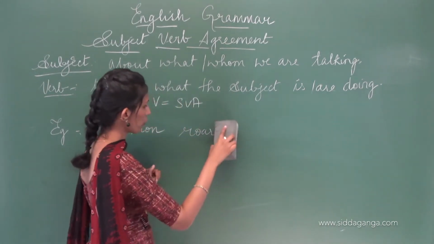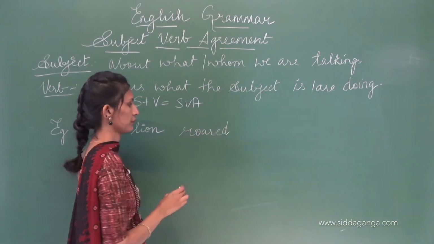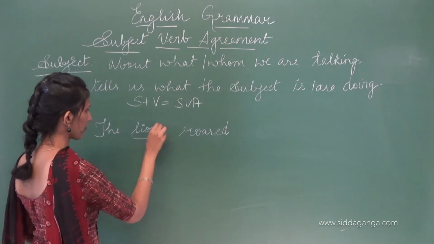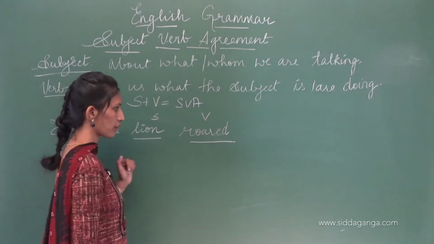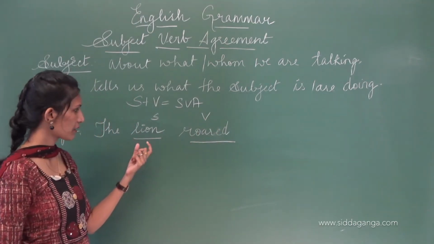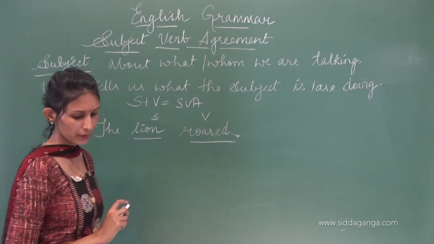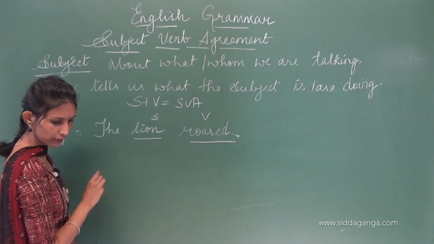The lion roared. The lion becomes the subject. The word roared becomes the verb. Okay. So lion becomes the subject. Roared becomes the verb. The boy went to school.